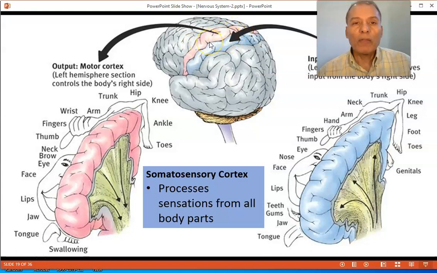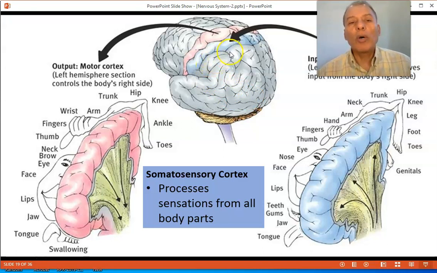The central fissure divides or separates the frontal lobe from the parietal lobe. So the parietal lobe begins at the central fissure and continues to the line that is the parieto-occipital sulcus. That is one. And it also extends from the longitudinal fissure down to the boundaries of the temporal lobe and the visual cortex.